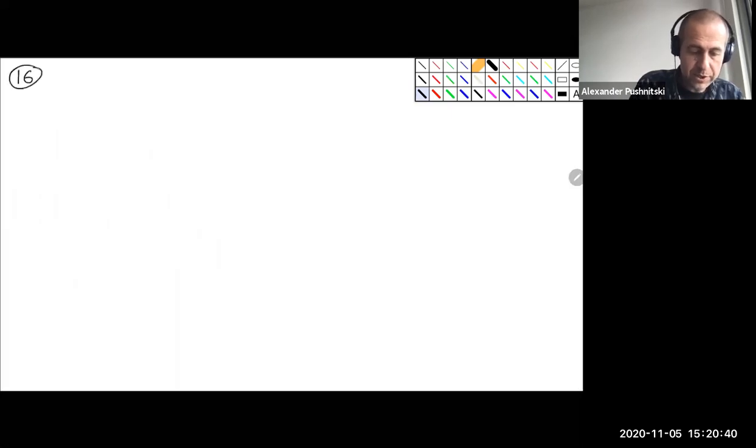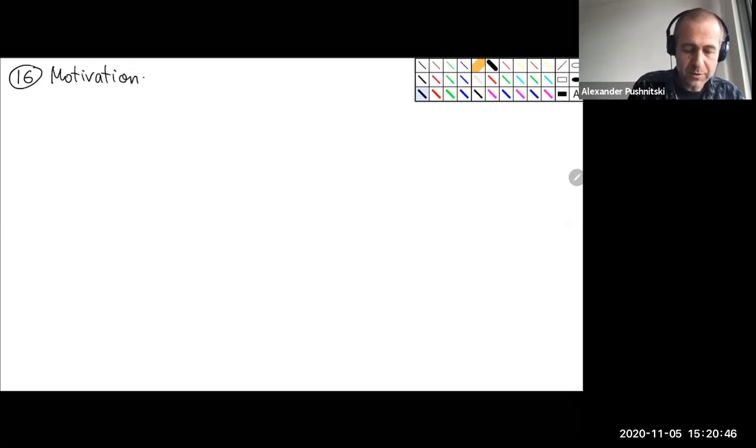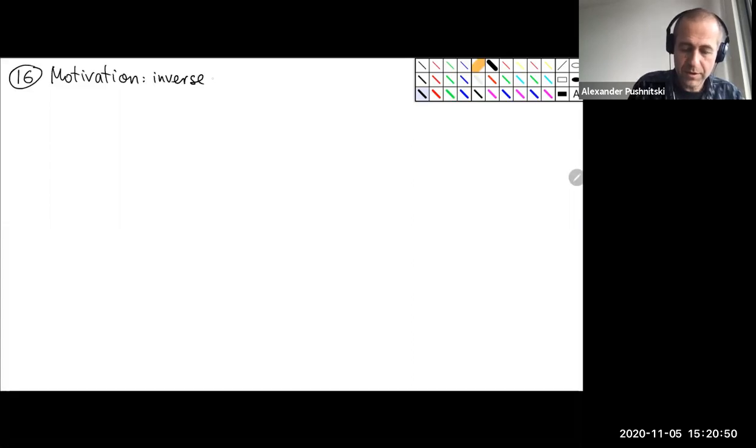So normally motivation comes at the beginning, but here we'll put it at the end. Motivation: inverse spectral problems for Hankel operators.